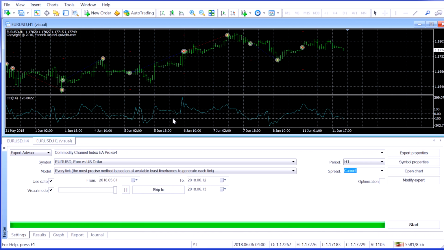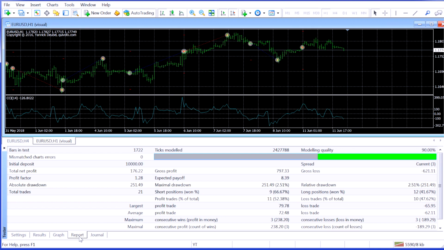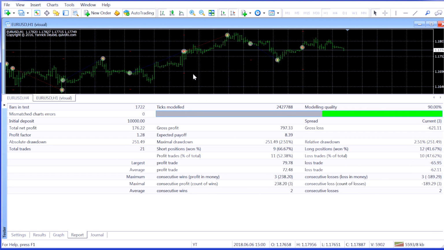Okay, so once the test has been completed, then you can go to the report down here on the toolbar at the bottom and look at the results of that testing period for that particular strategy. There you've got all the key data, the key metrics that we look for: the profit factor, the expected payoff, the average profitable trade, average losing trade, the largest profitable trade, the largest losing trade, the number of consecutive wins against the number of consecutive losses.